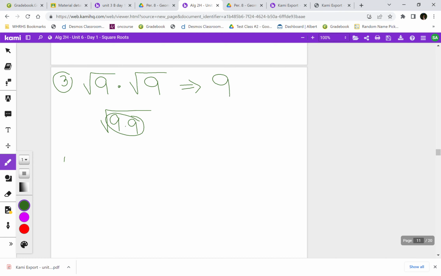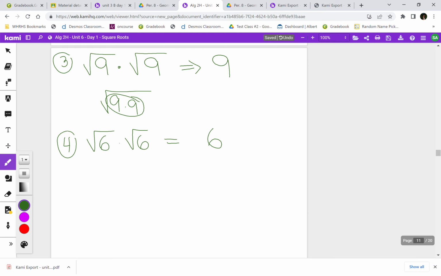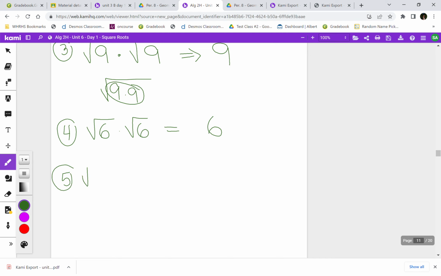What about root 6 times root 6? What's that? When you multiply a radical times itself, what does it become? The radicand whole number, right? The radicand whole number. What about if I had root 121 times root 121? 121. No more radical.